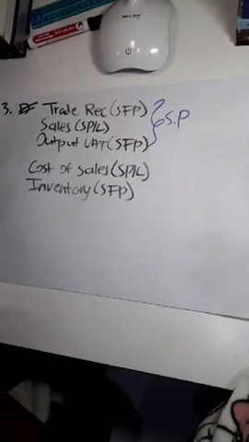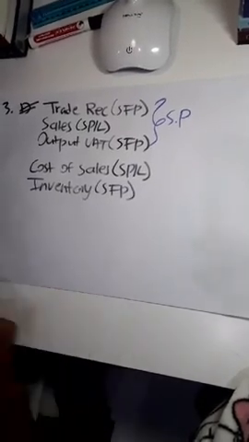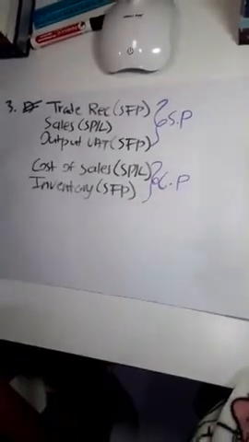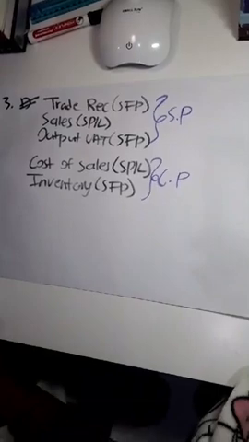You focus on the selling price. And then cost of sales and inventory, you focus on the cost price. Are you guys fine? So 1, 2, 3, you focus on the selling price, and cost of sales and inventory, you focus on the cost price. This one is the selling price.